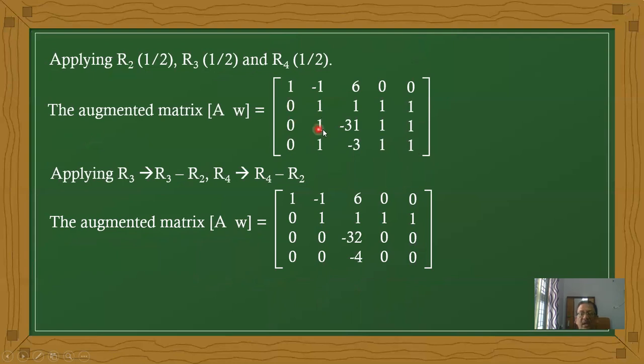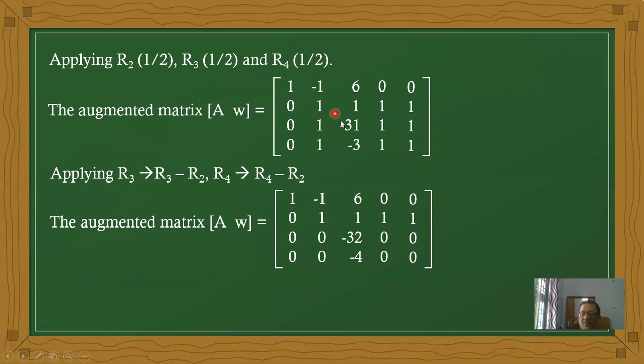Now convert the values into 0, particularly these two values. What is the operation for R3? R3 minus R2. In R4, what is the operation? R4 minus R2. Therefore 1 minus 1 is 0, 3 minus 1 is 2, 1 minus 1 is 0, and here also 0.